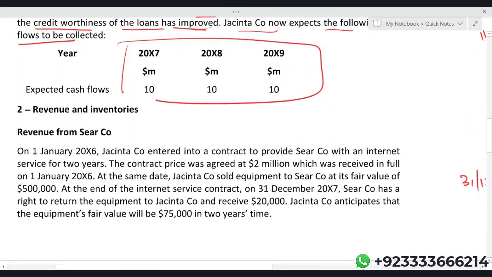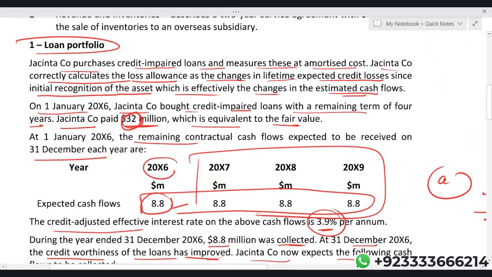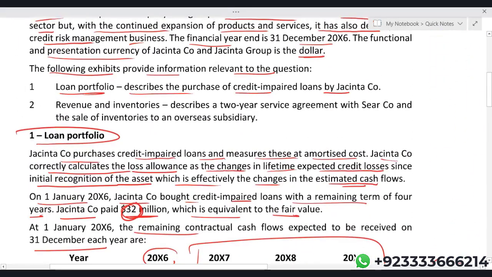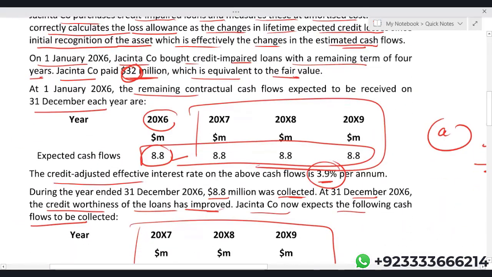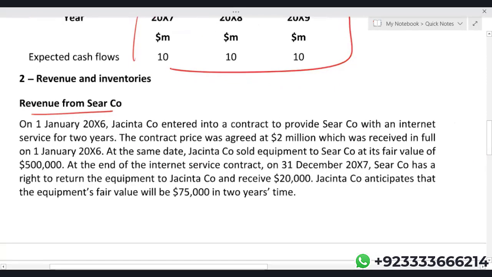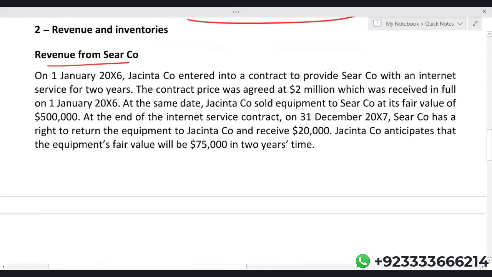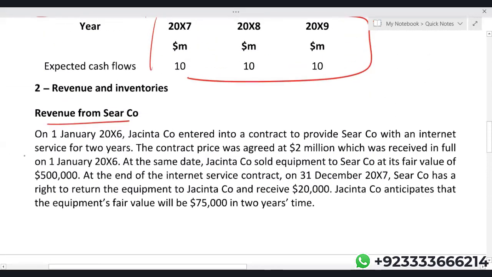Now IFRS 15. Revenue from Share Company. On January X6, Jacinta Company entered into a contract to provide Share Company with internet services for 2 years.